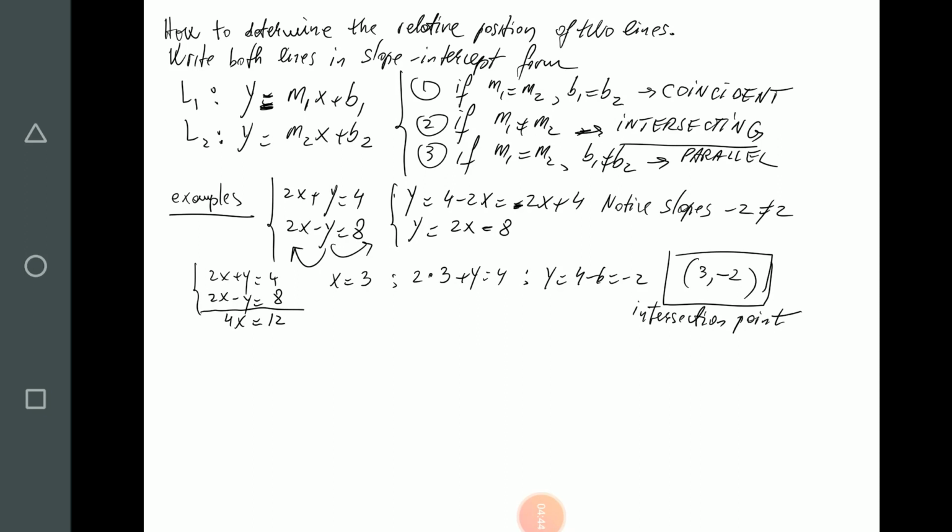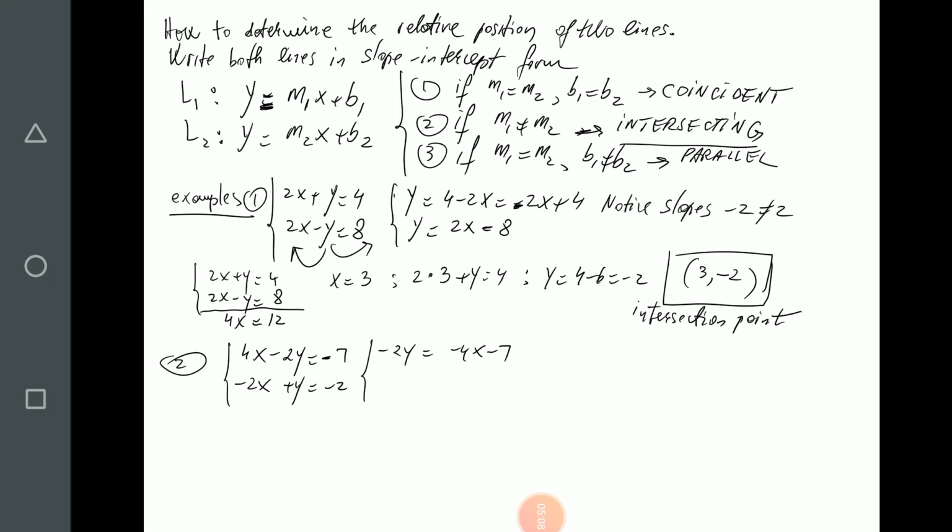Let's do another example. Let's do example 2. Let's say the first line is 4x minus 2y equals minus 7. And the second line is minus 2x plus y equals minus 2. So let's do the work again to leave y by itself.